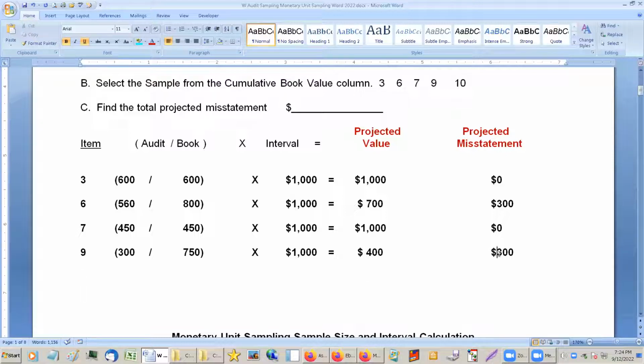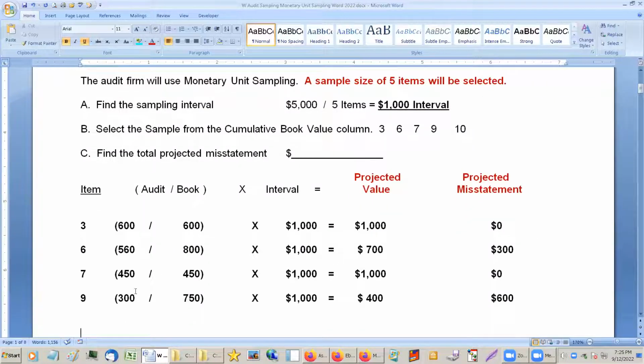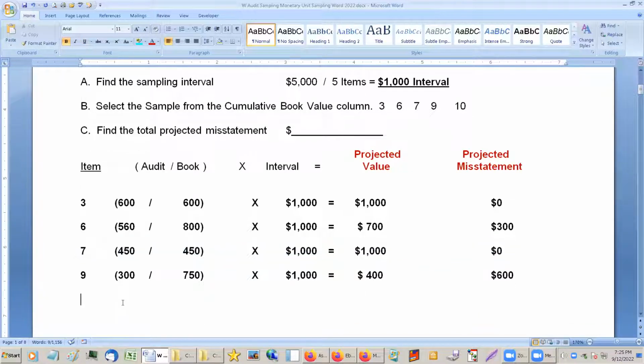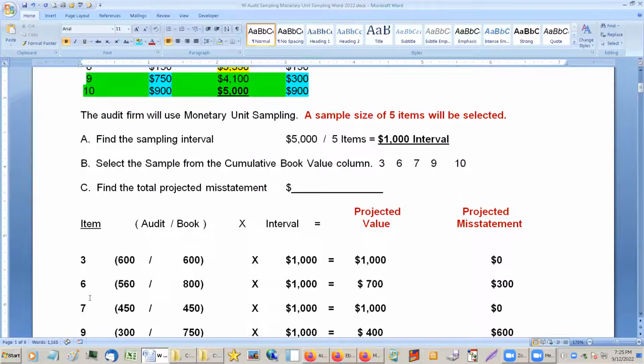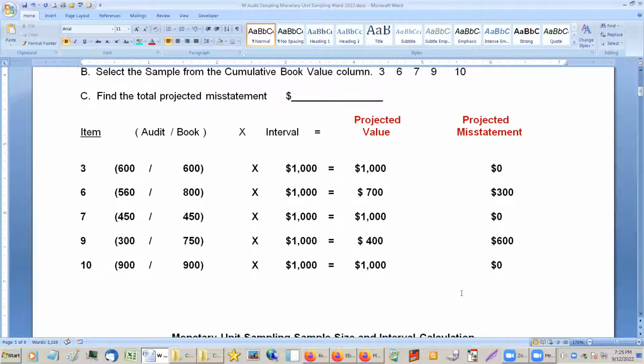And so the misstatement would be what, 600. Okay. And the last one is 900 and 900, and there's no problem there.